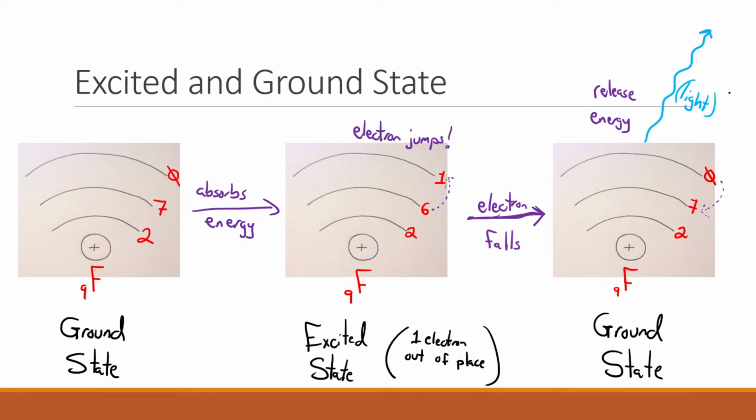And we can actually look at this light that's released and use this light to identify what element we have. We could actually reverse this process and look at the light and say, okay, if I'm getting this color blue, it must be from this element.